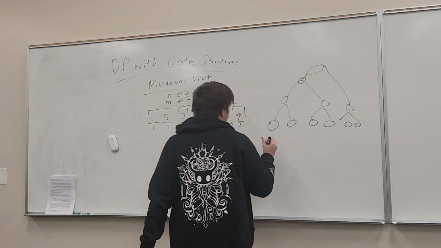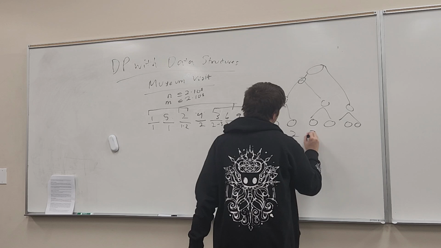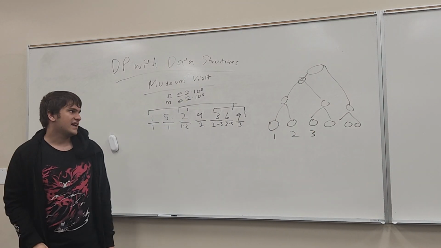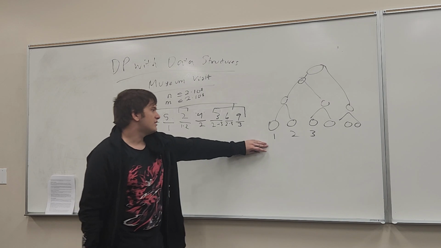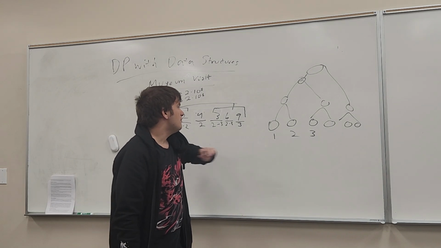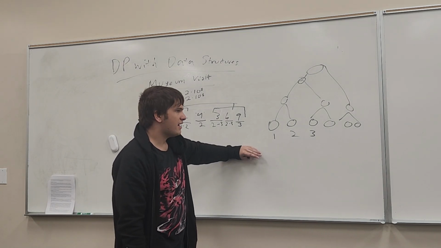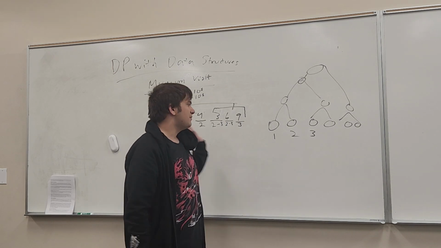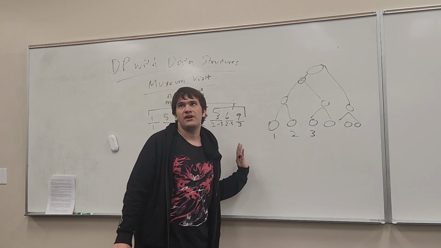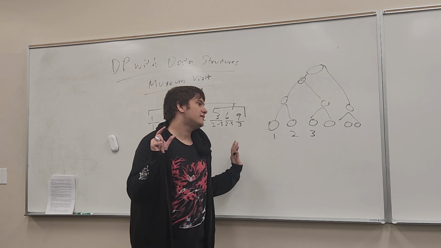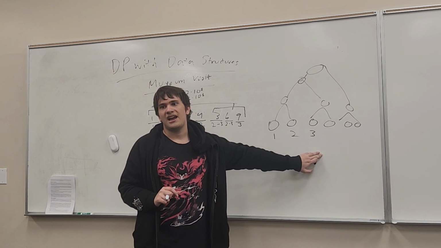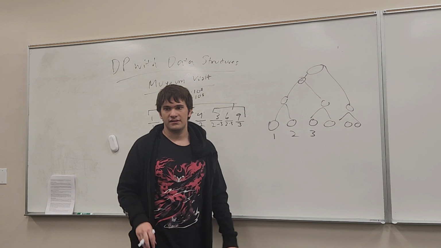For each of these ranges, we're going to have a node in the segment tree, and that is going to be the minimum penalty required such that you have visited all exhibits and you have selected a value in the entire prefix of those ranges.